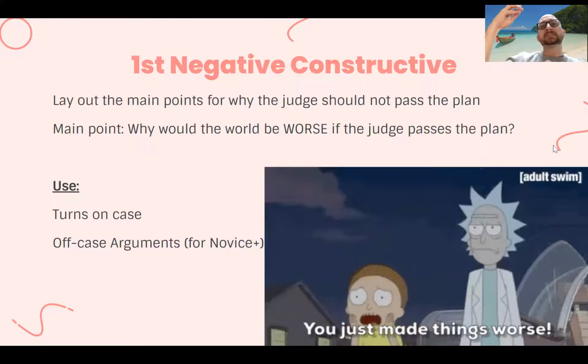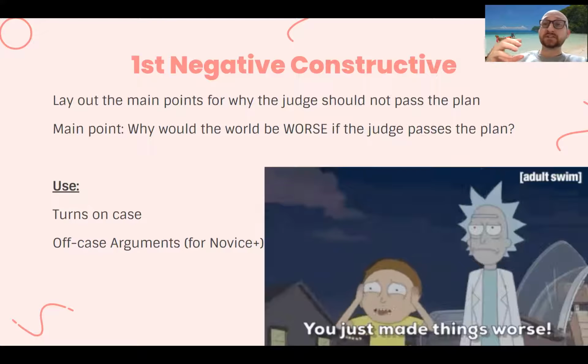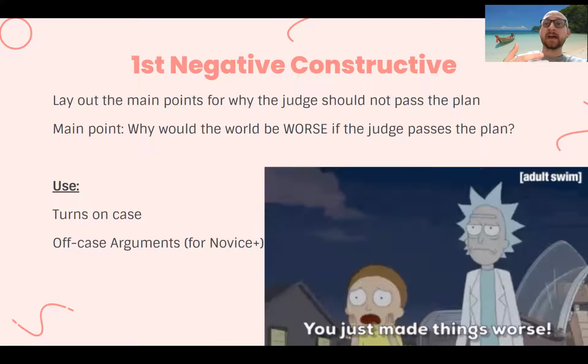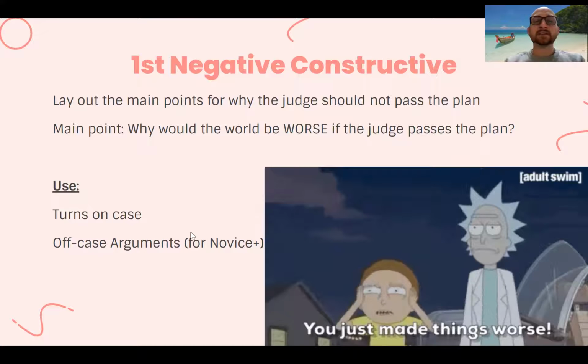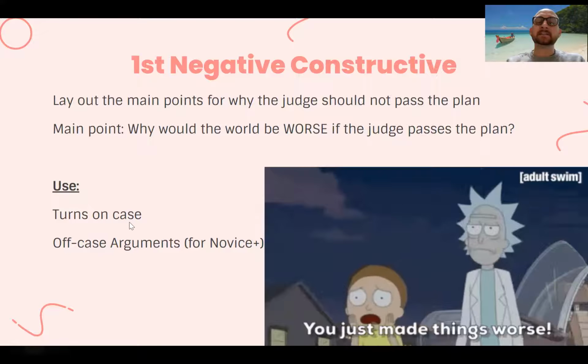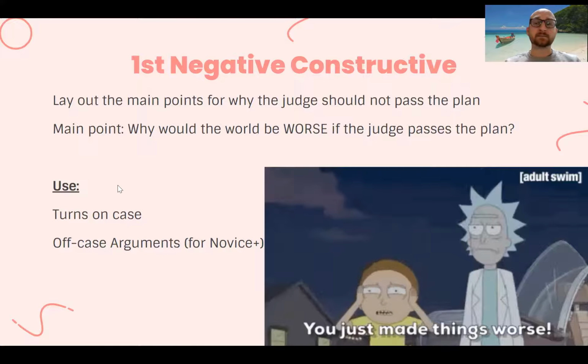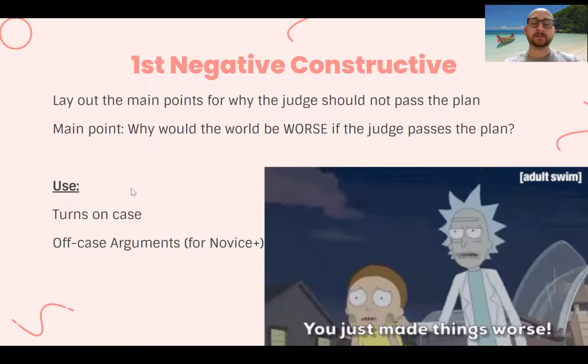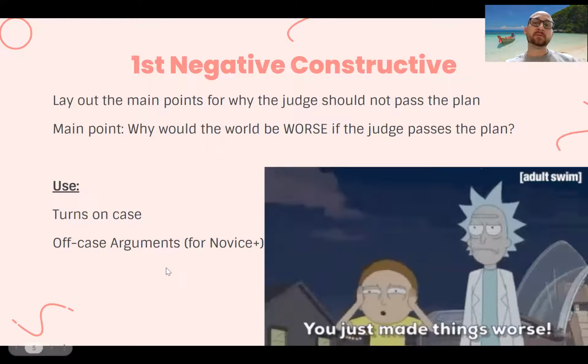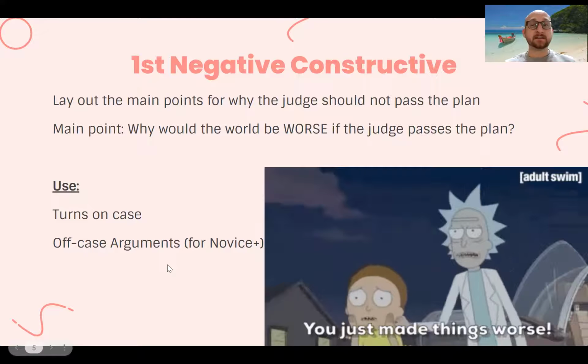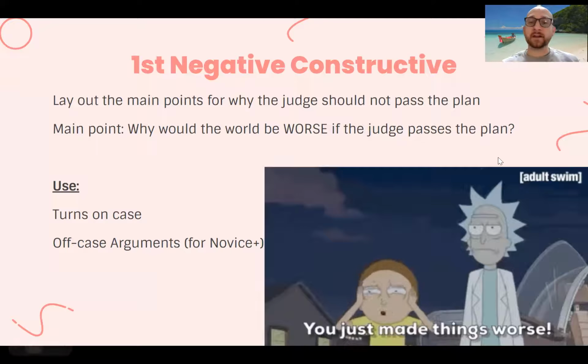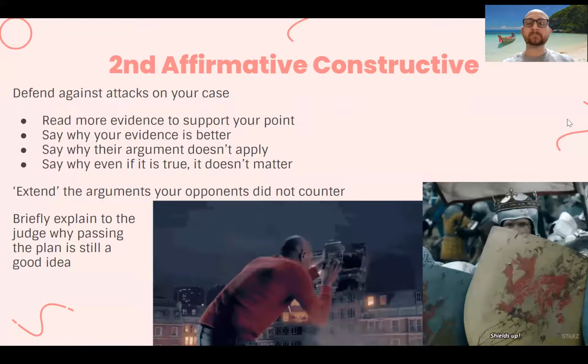They just have to choose specific parts that show why, if the plan was passed, the world would get worse. So if you're a rookie, that probably means you have to use the turns on case, whether it's solvency turns or impact turns. If you're a novice or above, you could use the disadvantage or the critique to show that passing the plan would actually make the world worse.